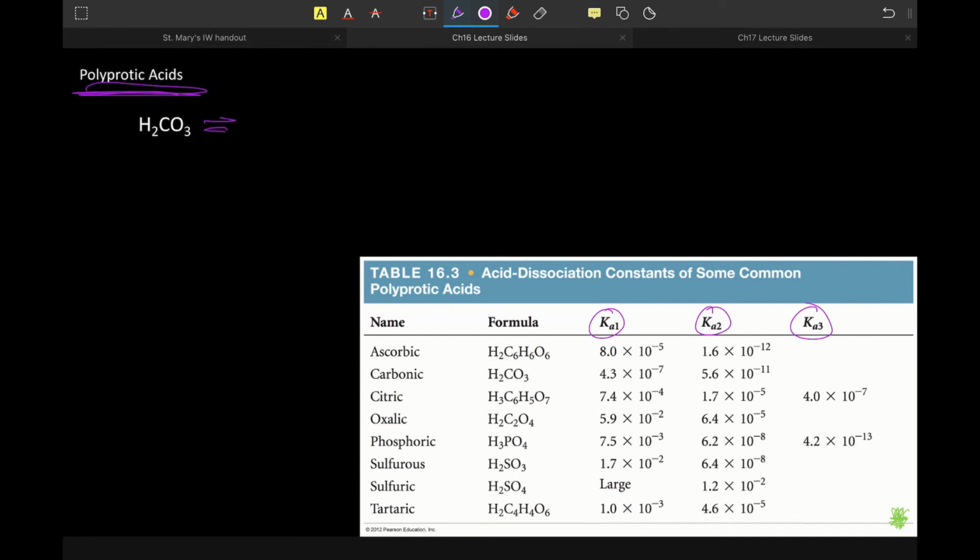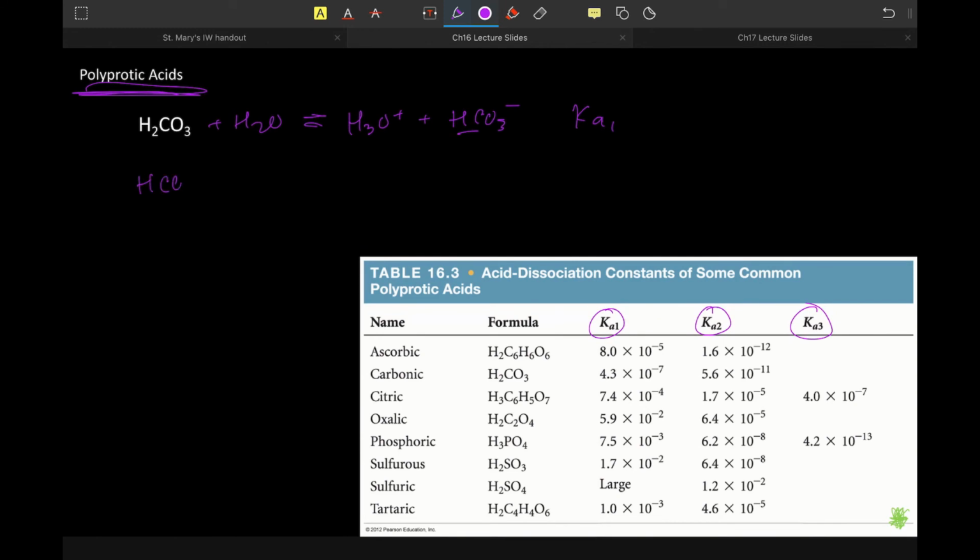So, if I have some carbonic acid, right? Actually, let's go ahead and get our water in there. So if I have some carbonic acid plus some water, that's going to give us some hydronium and some bicarbonate, right? That's what's going to happen first. And since that's the first dissociation, or the loss of the first proton from carbonic acid, this gets labeled as Ka1 of carbonic acid, right?